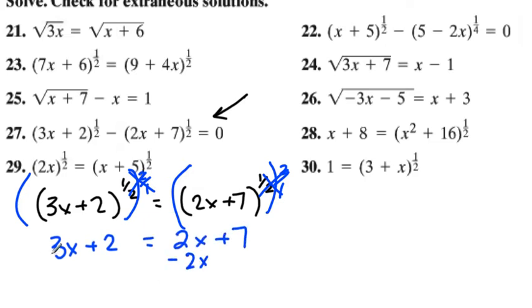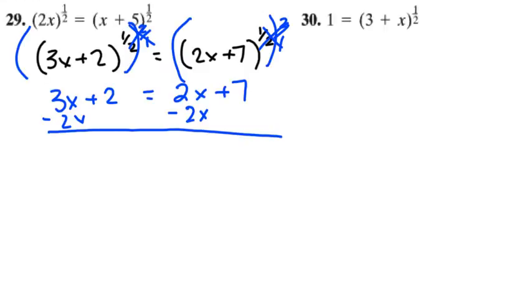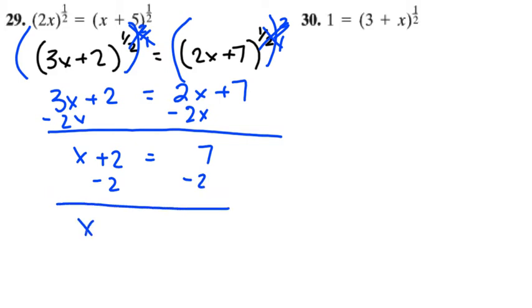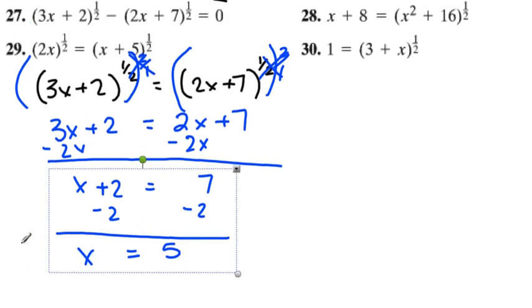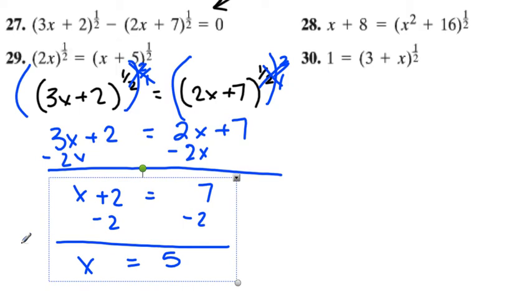Subtract 2x from both sides, and we have x plus 2 equals 7. Subtract 2, and we have x equals 5. We do want to double check that just to make sure it is feasible.